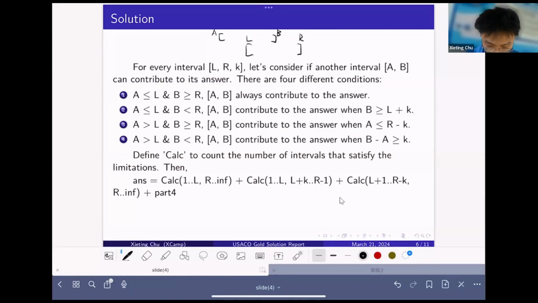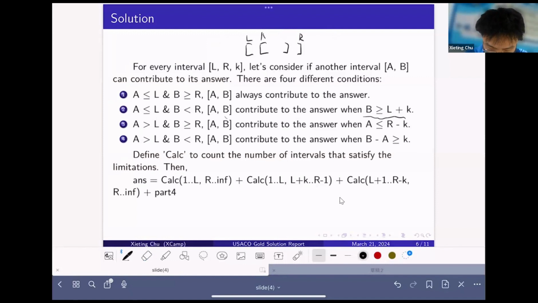In this case, [A, B] contributes to the answer when B is greater than or equal to L plus K. The third condition is that [A, B] is at the right side. Now [A, B] contributes to the answer when A is less than or equal to R minus K. And the last condition is that [A, B] is totally inside [L, R]. And [A, B] contributes when B minus A is greater than or equal to K.